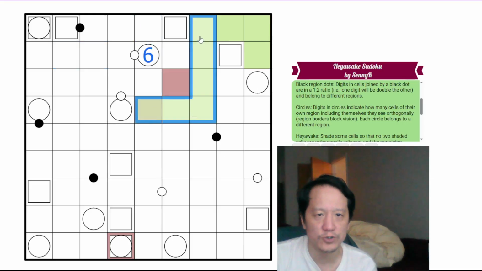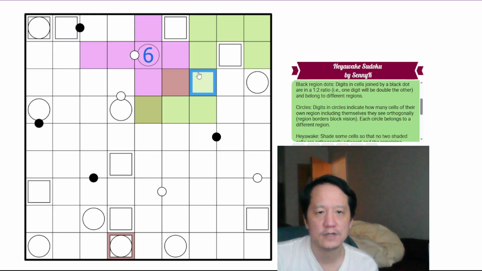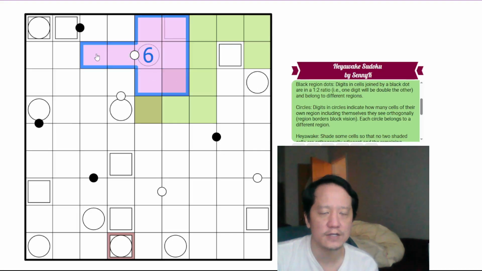So say this green was part of a region, then this would have to see 6 cells. So it could be something like this. And then I guess it could be part of that, right? And that would be 1, 2, 3, 4, 5, 6, 7, 8. And then you could do something like that.